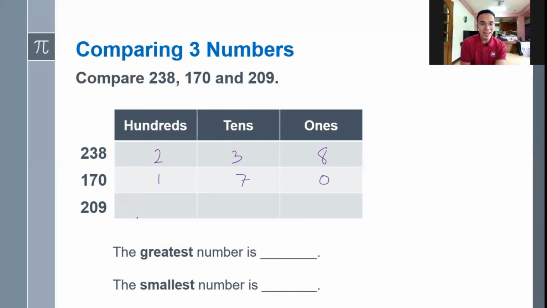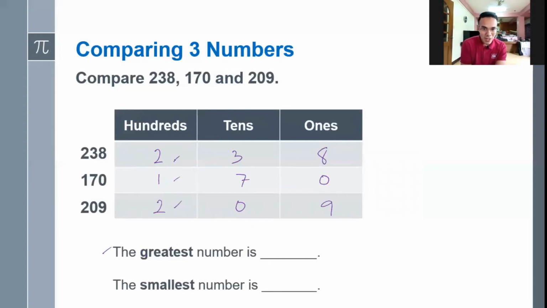For 209, we have 2 hundreds, 0 tens, and 9 ones. Okay, let's compare the hundreds first. By the way, we have to answer this question. The greatest number is blank. So we want to know which number is the greatest. So let's compare first the hundreds.